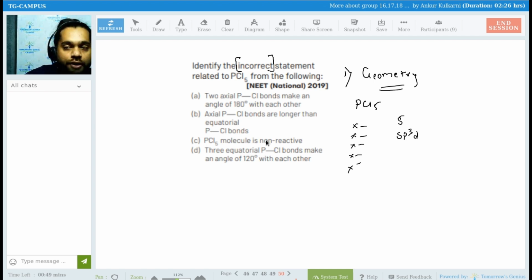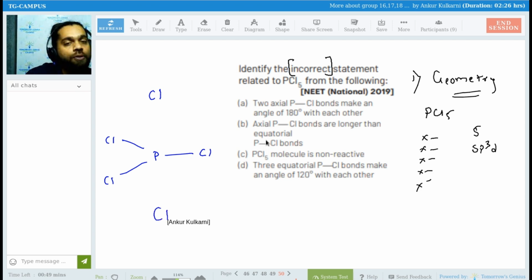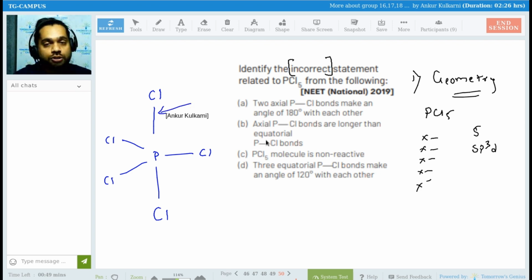So sp3d means what? It is a triangle of Cl with a pyramid at the top and a pyramid at the bottom, correct? Trigonal bipyramidal. So these are my axial bonds.